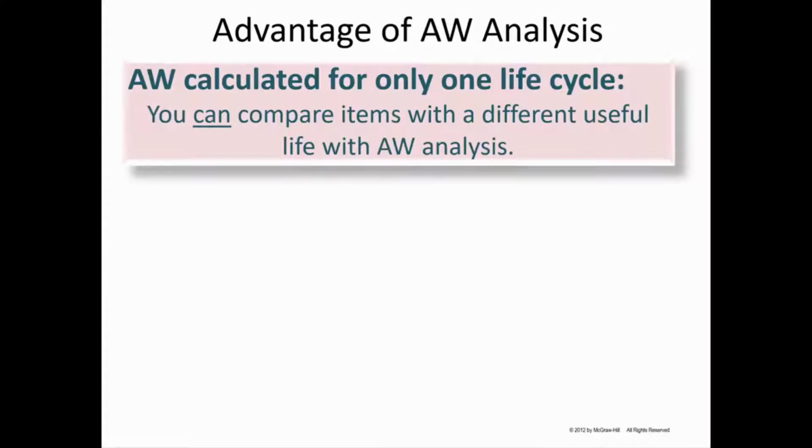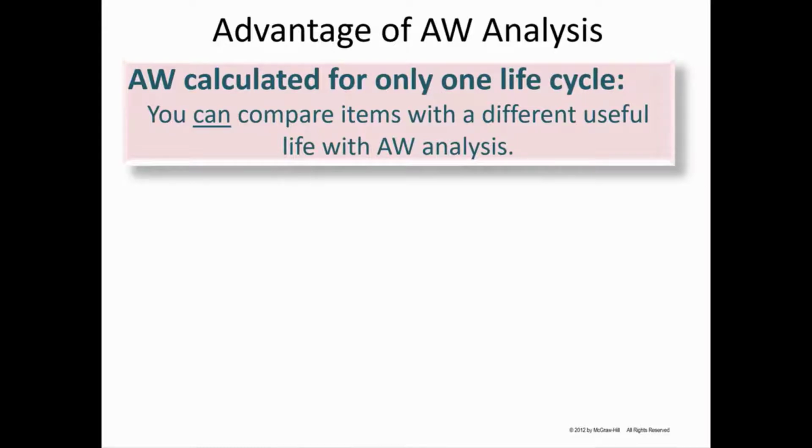All right, so there are some nice advantages to the annual worth analysis, the main one being that it is okay to compare items that have a different useful life. Normally that's a big no-no, and that's why we use early termination, contract services, and least common multiple methods, to find some techniques to make the alternatives the same useful life.